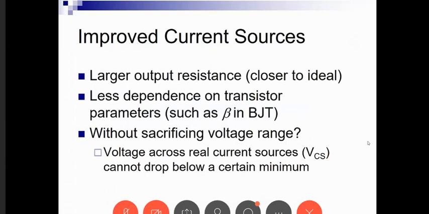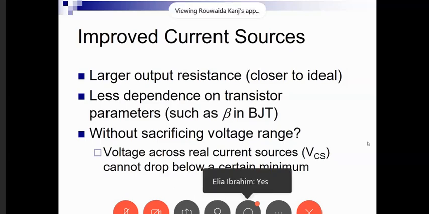Okay, so the last section of part 3 discusses improved current sources. We studied a current source to bias the amplifier, and we saw that it has an effective load resistance, and it puts some constraints or requirements on the range of the voltage so that the amplifier and the current source remain in the saturation mode.